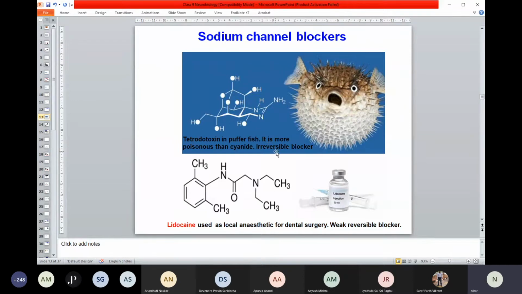And just for your information, this is one of the fish that in Japan is considered the most delicate, tastiest food. I'm sure many of you might land up in Japan in your future career. You will find some restaurants which sell dishes of this fish, and you will be amazed to think how people can risk their lives by eating this fish.